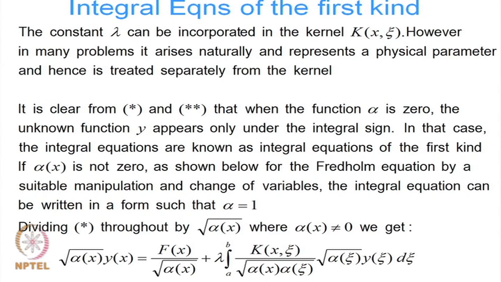In addition, mathematically, we will see later on, it has got a certain implication as well. So the main reason why we do not include it in k(x, ξ) is because in many problems it has a physical meaning, and number two, in purely mathematical terms we will see that it has a special mathematical meaning as well.